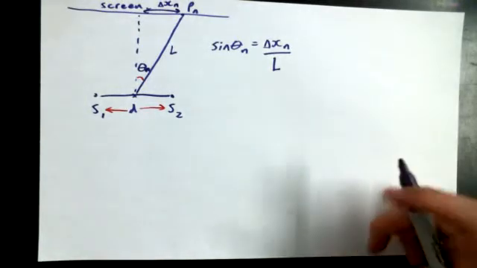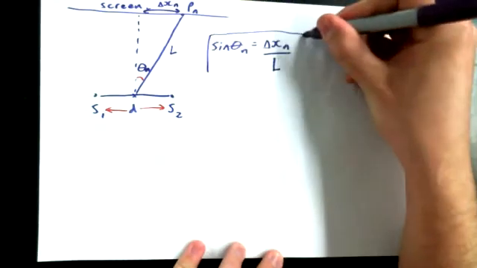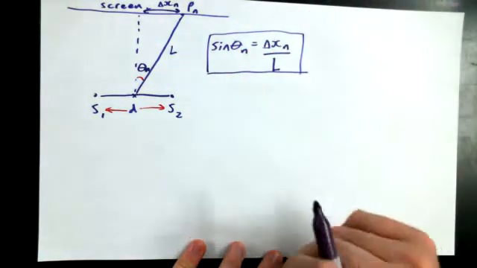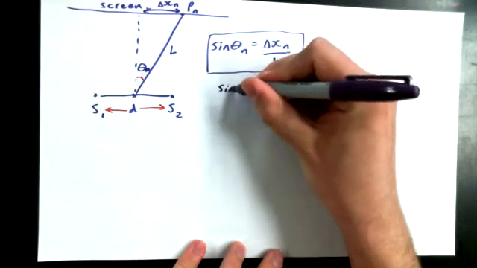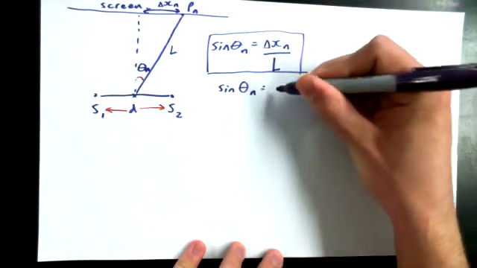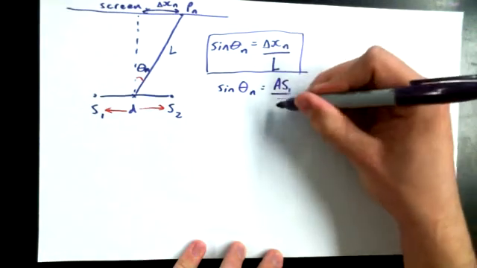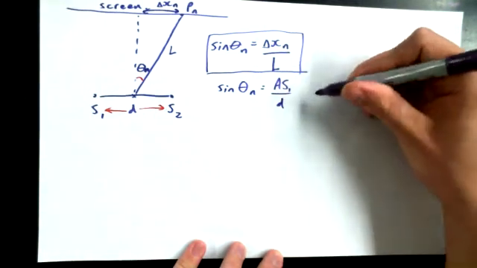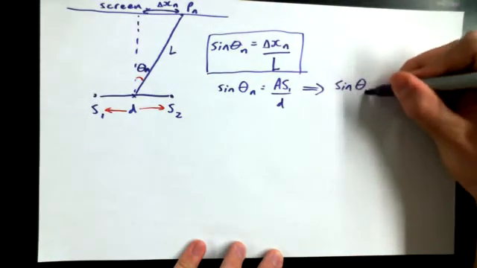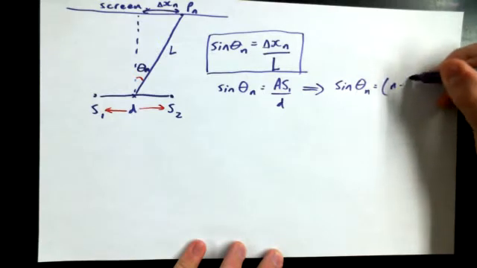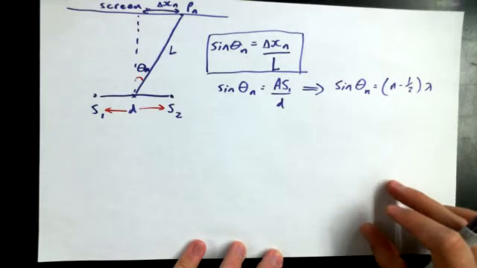Okay? Now this is just analyzing this picture and coming up with an equation that describes the picture. But we've said before that sine theta n is equal to the line AS1 over d, and that gave us this equation eventually: sine theta n is equal to n minus a half, lambda over d, for destructive interference.